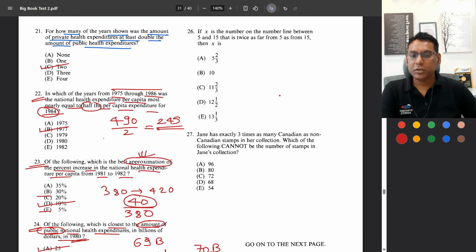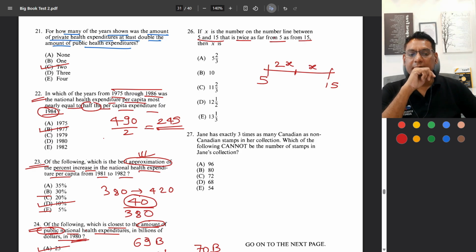Let's look at question 26. If x is a number on the number line between 5 and 15, such that x is twice as far from 5 as from 15. Let's say that number is somewhere here, twice as far from 5 as from 15. So it's like that.